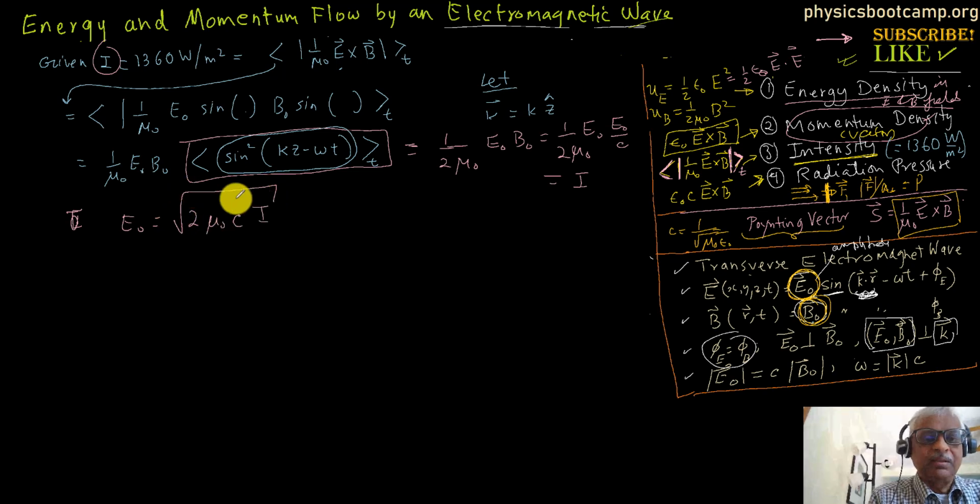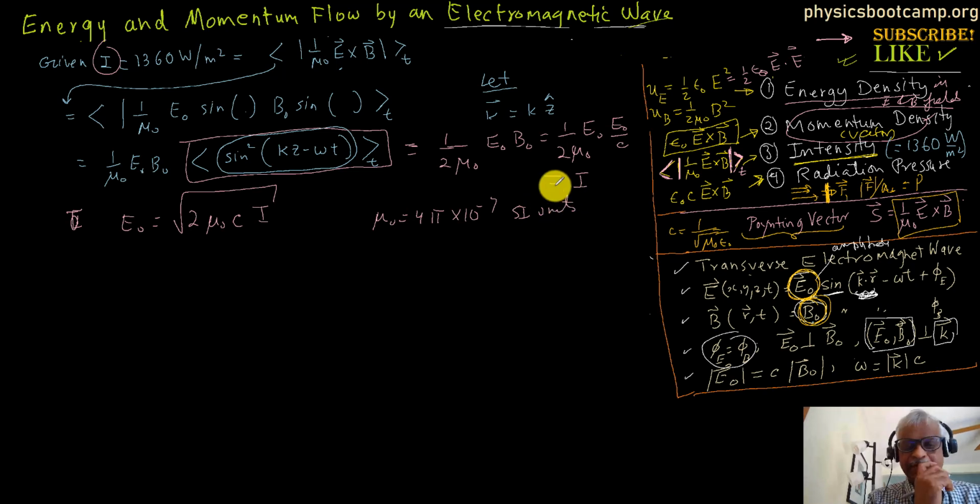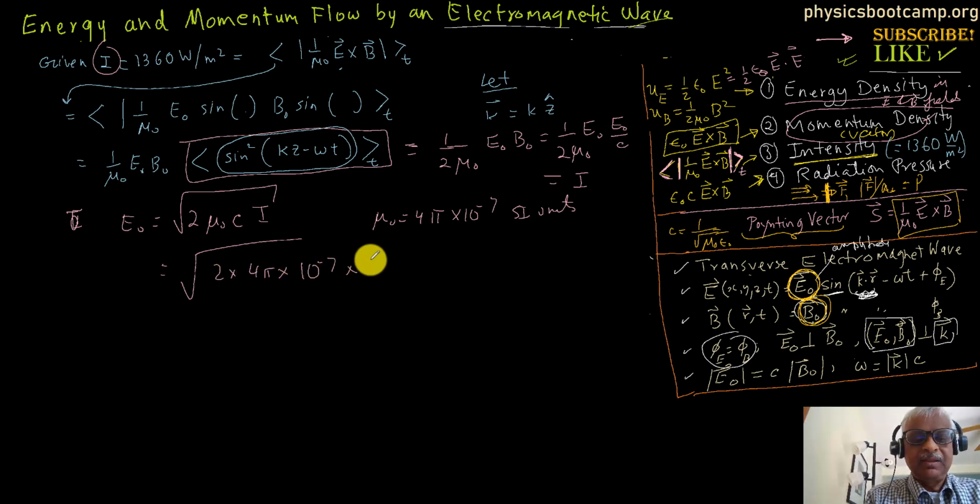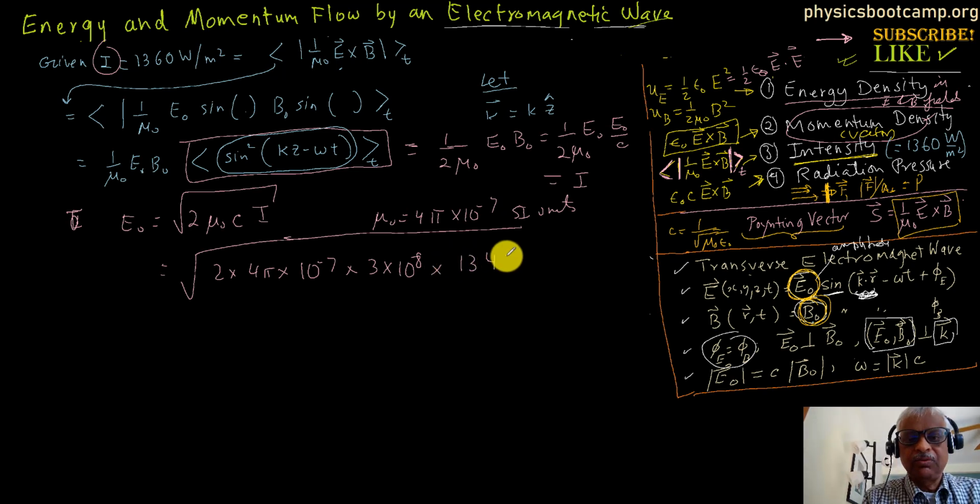This is going to be positive, because that's by definition a positive quantity. Mu naught equals 4 pi times 10 to the minus 7 SI units. So this is the square root of 2 times 4 pi times 10 to the minus 7, times 3 times 10 to the power 8 meter per second, times intensity 1340.